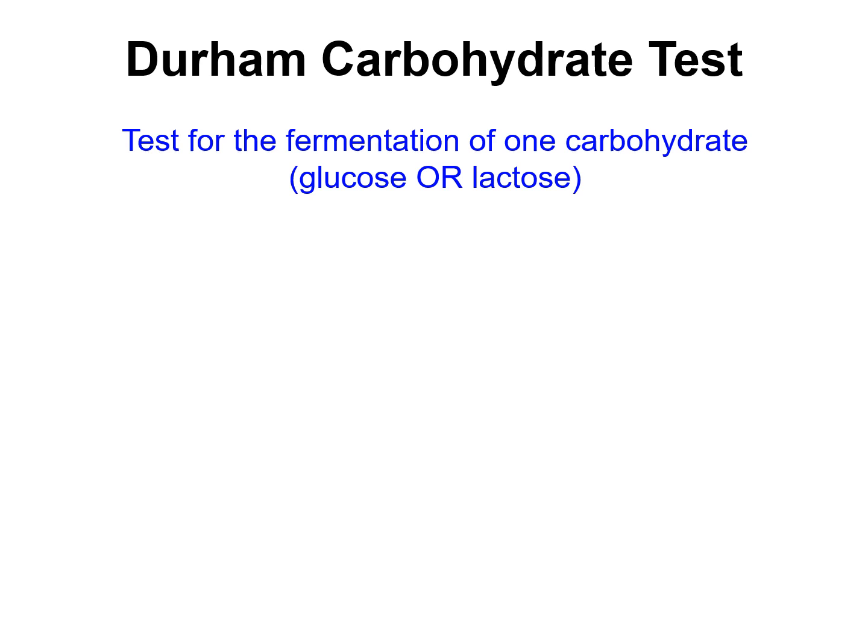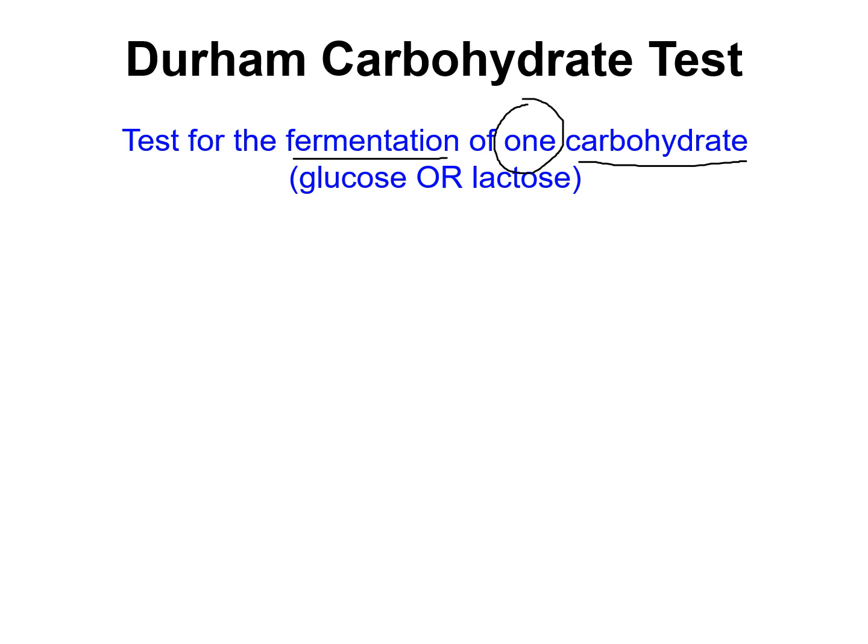So let's take a look at some of the test results that you would get after incubating your carbohydrate fermentation tubes. So one more time before I show you the results, it's going to test for the fermentation of one carbohydrate.